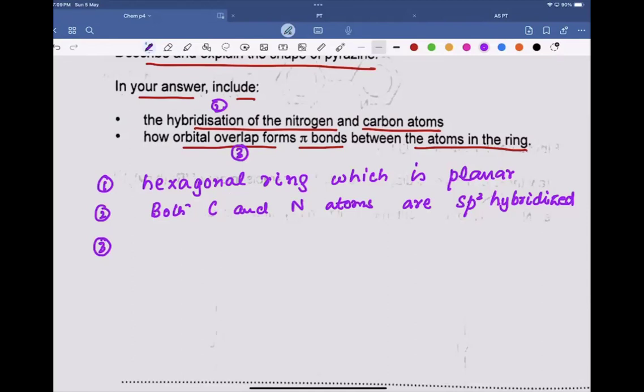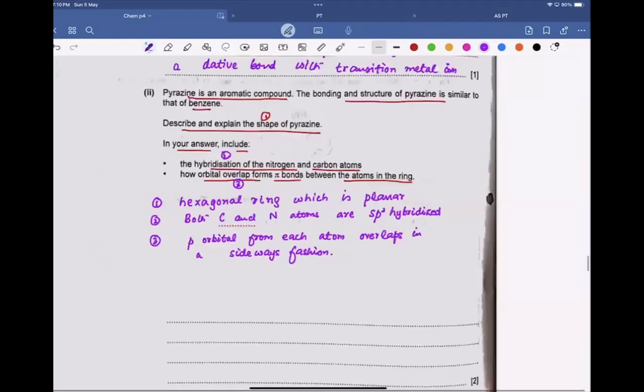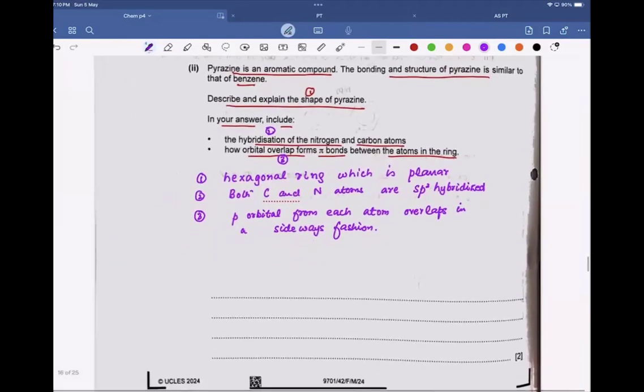So the p orbital from each atom overlaps in a sideways fashion. Is this understandable to all of you? So we are done with all three things which they have been asked.